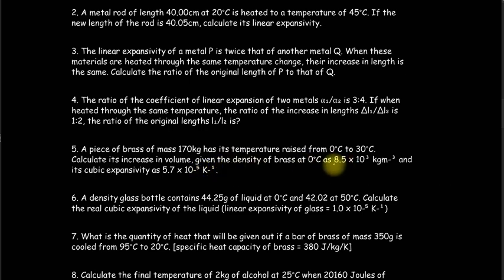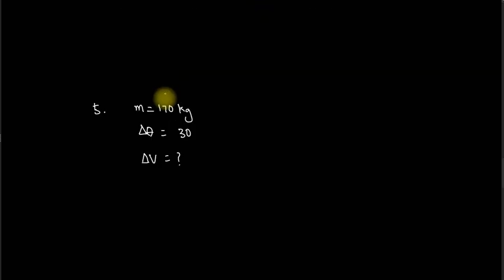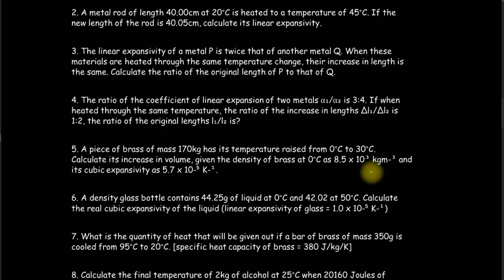density of brass at 0 degrees is 8.5 times 10 raised to the power 3. So density is equal to 8.5 times 10 raised to the power 3, not minus 3. Then its cubic expansivity is 5.7 times 10 raised to the power minus 5.